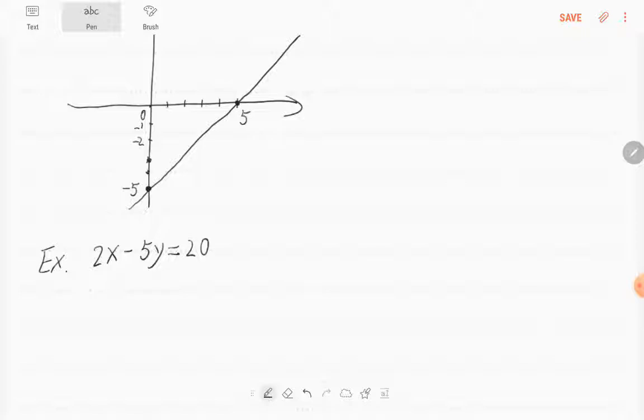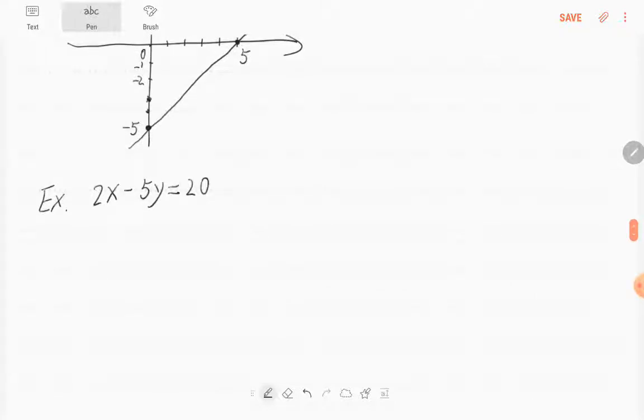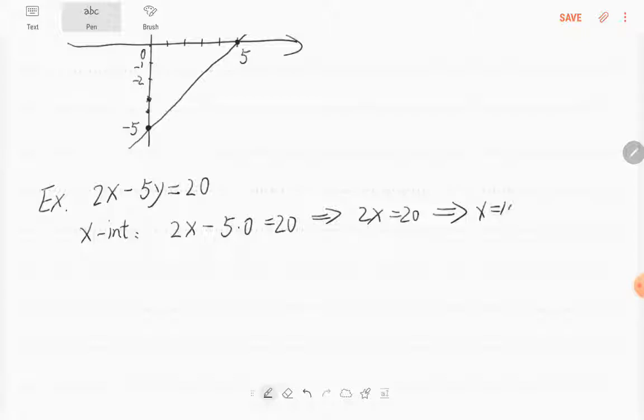Here, one way, we still want to find the x-intercept. To find the x-intercept, we need to set y to be 0. So if you plug in y equals 0, it becomes 2x minus 5 times 0 equals 20. So this would be 2x equals 20, so x equals 10. And for the y-intercept, x equals 0.